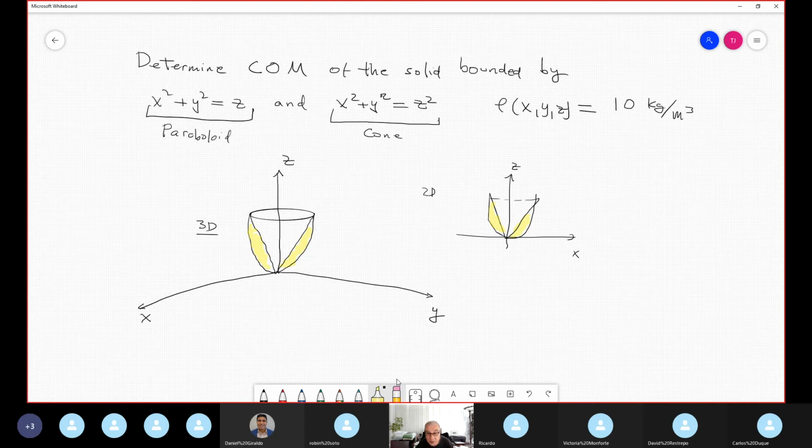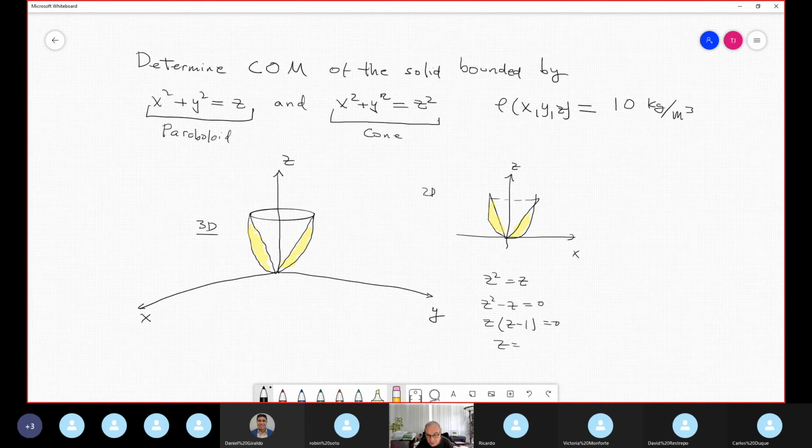By the way, I need to intersect the surfaces to understand, but it's easy. For example, I know that x squared plus y squared equals z, and I know that x squared plus y squared is equal to z squared. You set them equal to each other, so z squared equals z. You solve this elementary equation, z squared minus z equals 0. Factorization, z(z minus 1).